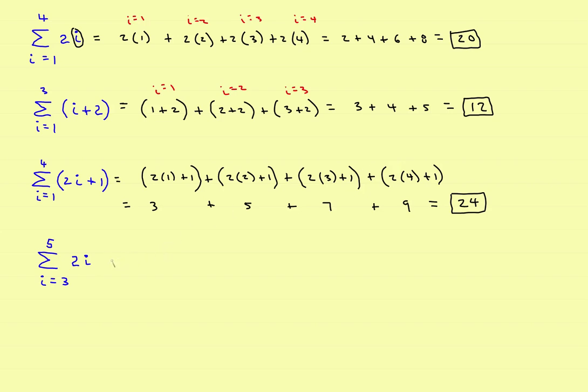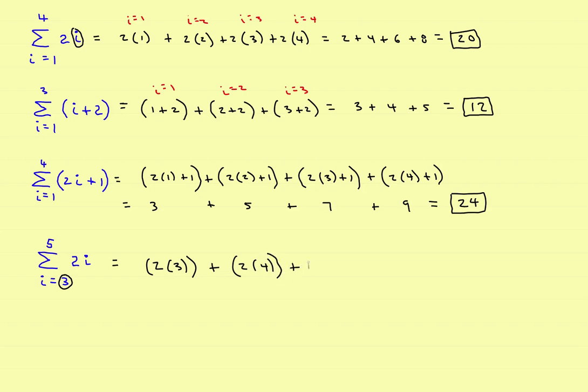Now finally, just a last example to show you that you don't always have to start at 1. In this case, it's going to start at 3. So you're going to go I equals 3, 4, and 5. So when I is equal to 3, you'd have 2 times 3. There's the first term. And you're going to add that to 2 times 4.